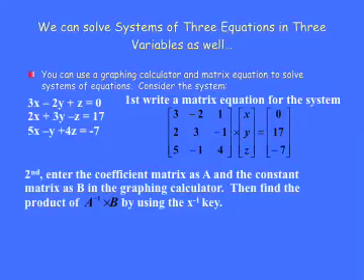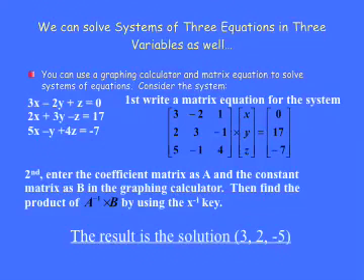Hit the multiplication, and then we'll go second matrix and choose matrix B this time. Hit enter. So on our screen we should see the inverse of A times B. Then we'll hit enter. The result or solution is the ordered triplet 3, 2, -5.